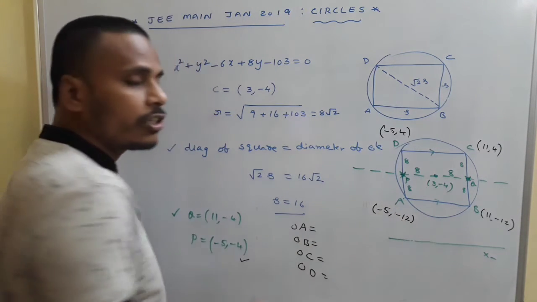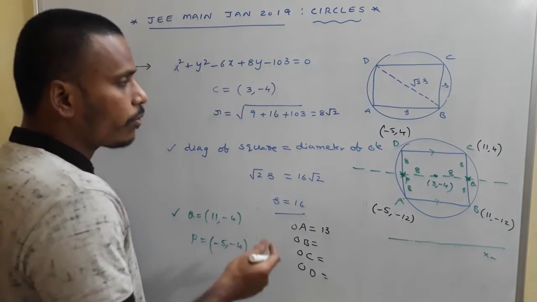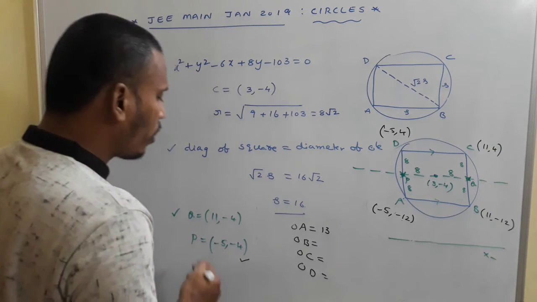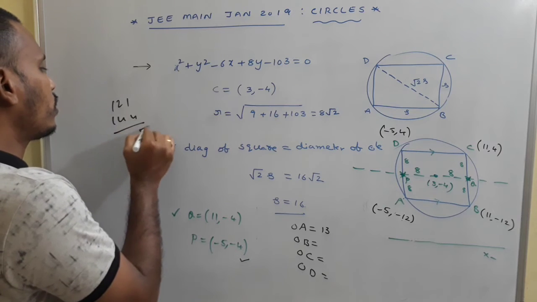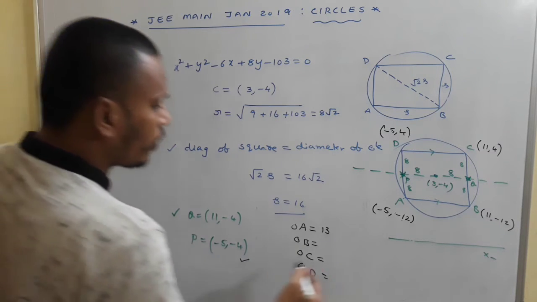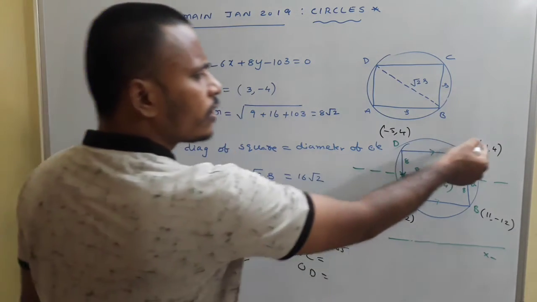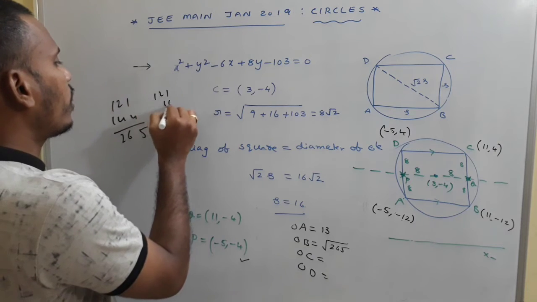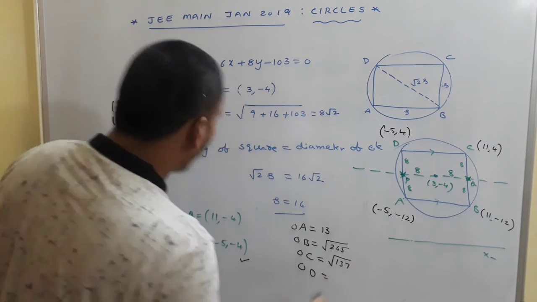OA, distance from origin to A: root of 5 squared plus 12 squared, which is 13. Distance from origin to B: 11 squared is 121, 12 squared is 144. So we need to add 121 and 144, which is 265. This is the square root of 265. Then for C, (11, 4): 121 and 16 make 137, square root of 137.